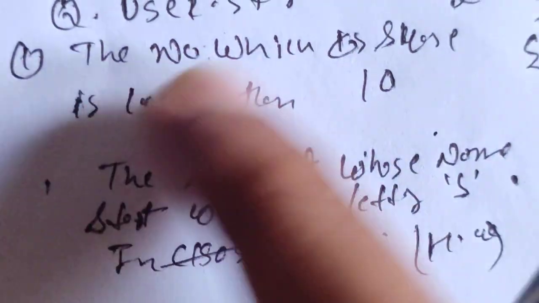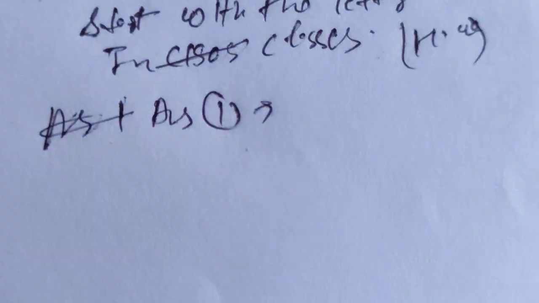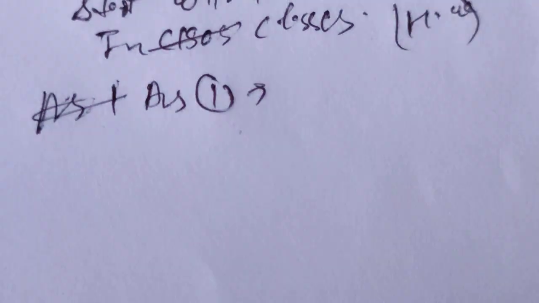Now, this is a very famous question. Answer one: the numbers, using roster form, whose square is less than 10.